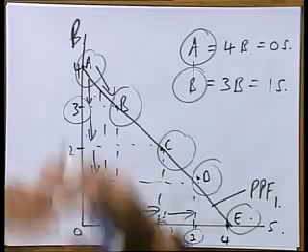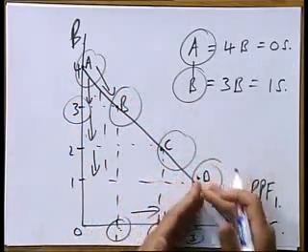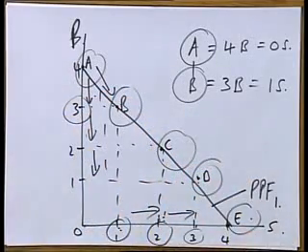So to move from A to B, from B to C, from C to D, from D to E, you are sacrificing every time 1 book to produce an additional cert. So basically, what is the opportunity cost of producing every time an additional cert? It is 1 book. Every time it remains constant.